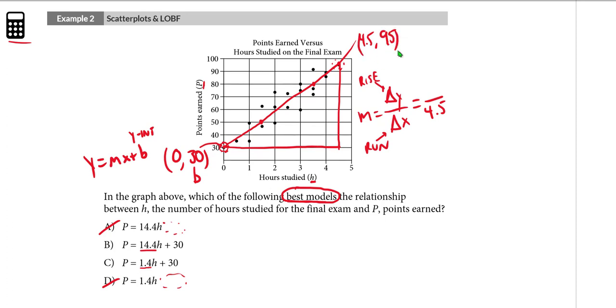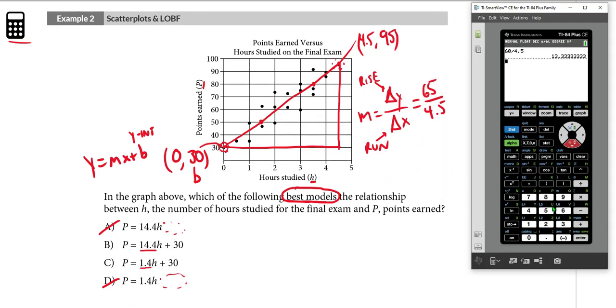So 95 minus 30 is 65, and I could do that in my calculator, so let me do it just to be sure. 95 minus 30 equals, yes, 65, and now I'm going to divide that 65 by 4.5 to get my slope, so I get 14.4.